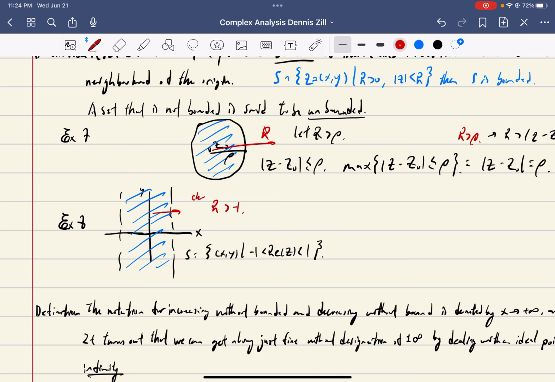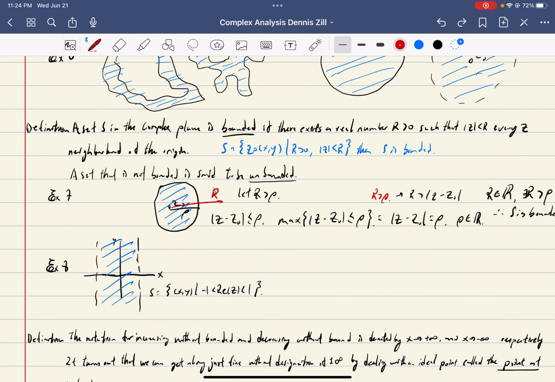So choose r equal to, like, 2.5 over here, right? It is out of the set, yes, but note that r is not greater than rho, because if you want to find rho, the definition is that it is greater than the modulus.